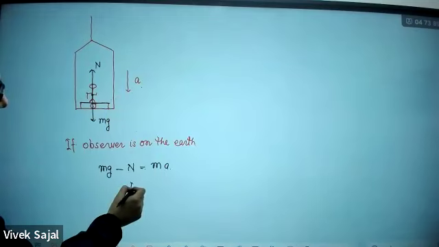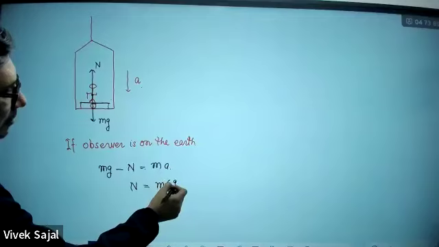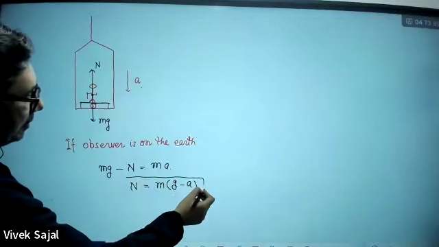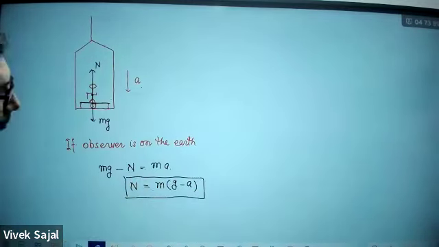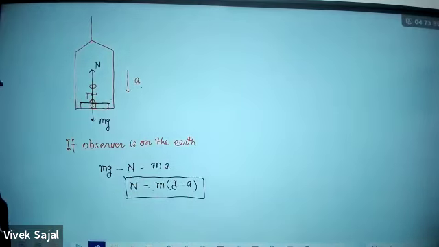So you are going to say that N will be equal to m times g minus a. So this will be the reading of the weighing machine. ठीक है ना? This will be the apparent weight, and this apparent weight will be shown by this weighing machine. So this is the explanation when your observer is standing on the Earth.